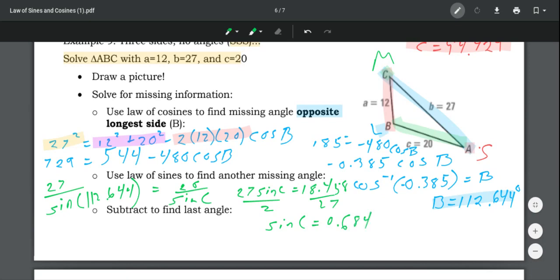And then, guys, what we're going to do is inverse sine. So C is equivalent to inverse sine of 0.684. And when we do that, we take the second answer in that case. And this would be, C is approximately 43.129 degrees. And that's okay.